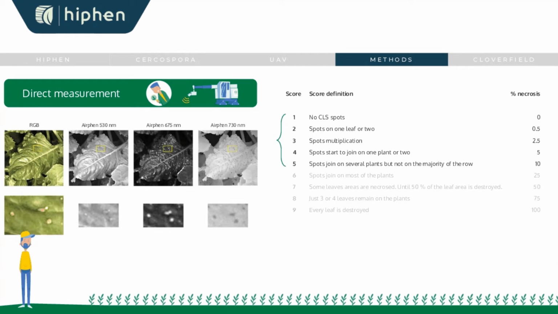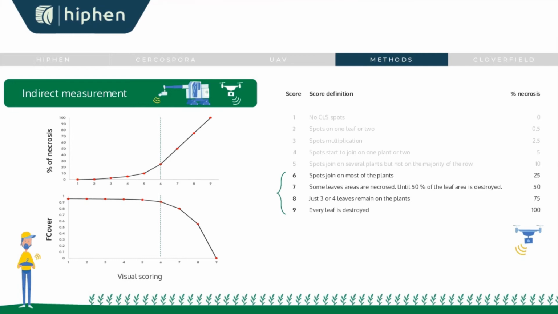And when we talk about the indirect measurement, we really talk about how we can link the scores for the assessment of the necrosis to a monitoring of the biomass with UAV data. The methodology that we look at here is to make the link between the score and the F cover.